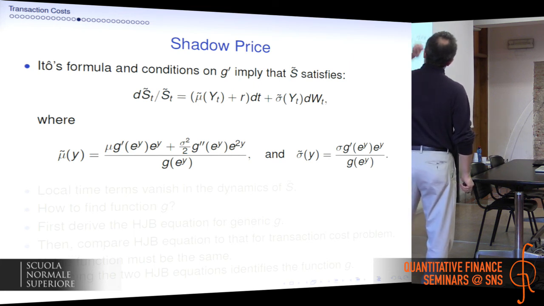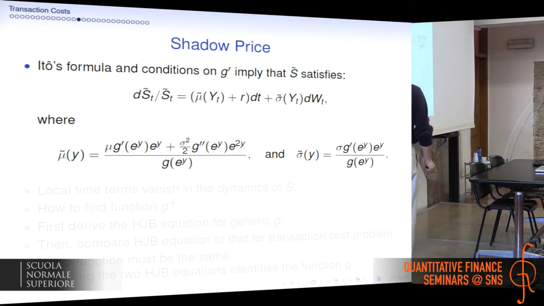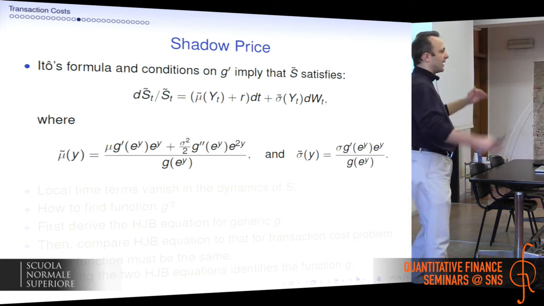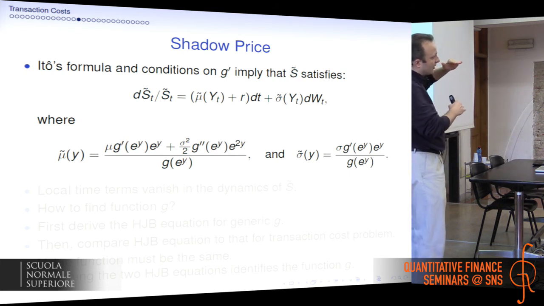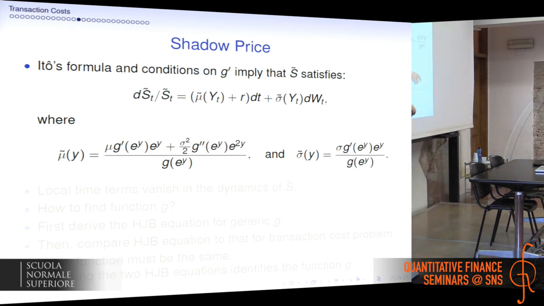But you can write this, again, as a function of our state variable y. So you see that now we have gone from a market that had constant opportunities and transaction cost to a market which has time-varying opportunities, but no transaction cost. And the two are going to be the same.